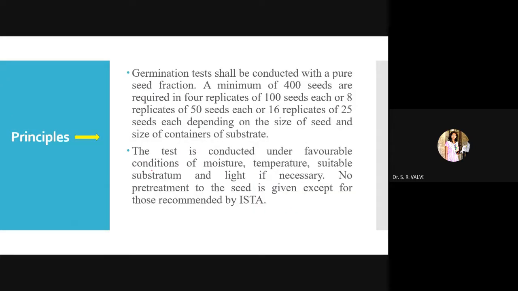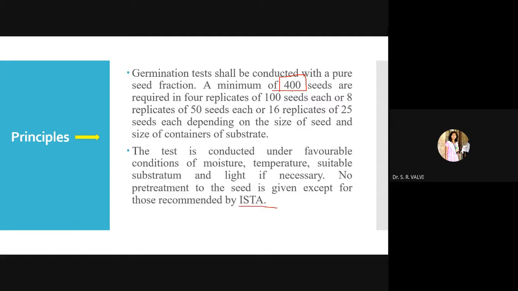Now see what principles there are for germination. Here particular principles are mentioned by ISTA, the International Seed Testing Agency. ISTA defines some rules for germination. Suppose a minimum of 400 seeds are required for germination.